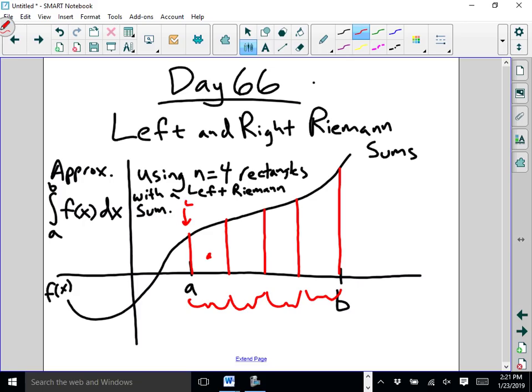So I want to use the left, where that side hits the function f of x. I want to use that to create my height of my rectangle. I'm going to cut it right there. And I'm going to find the area of that rectangle. Then for the next rectangle, again, this one is left and this one is right. So I want to use the left to cut the rectangle.